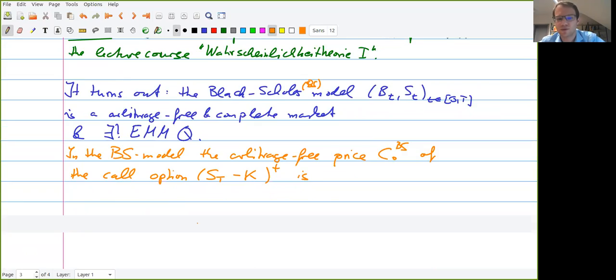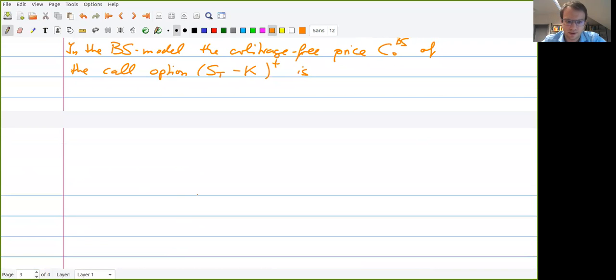Let me scroll down. So what is the Black-Scholes price of a call option? Well, it's the discounted expected value under the martingale measure Q of the payoff of the option. Okay.